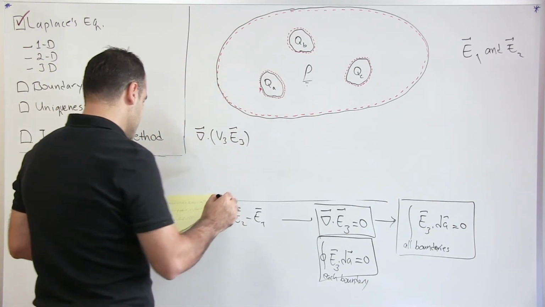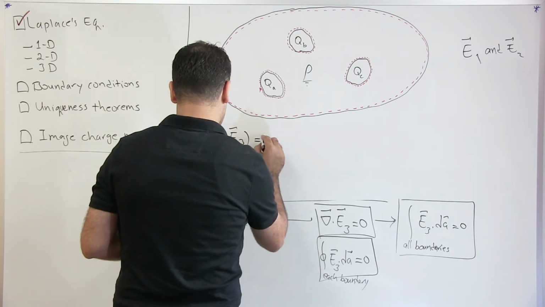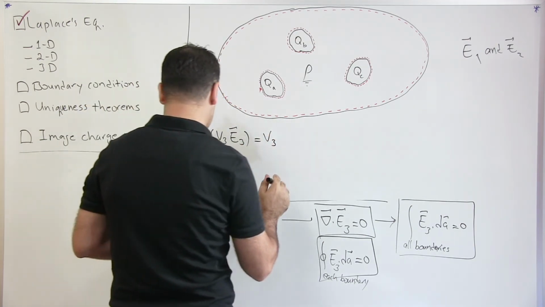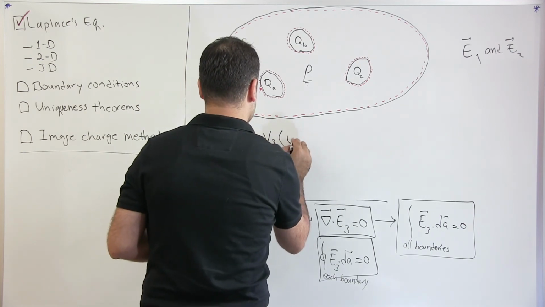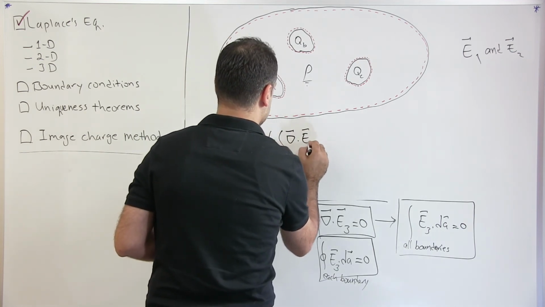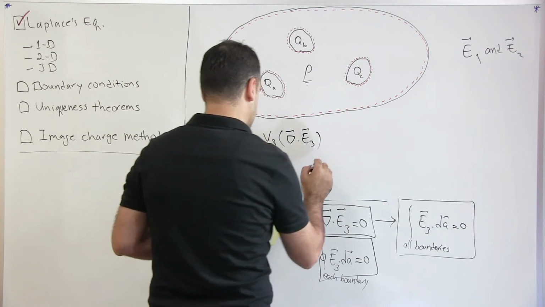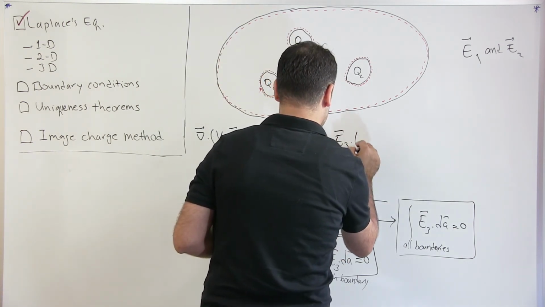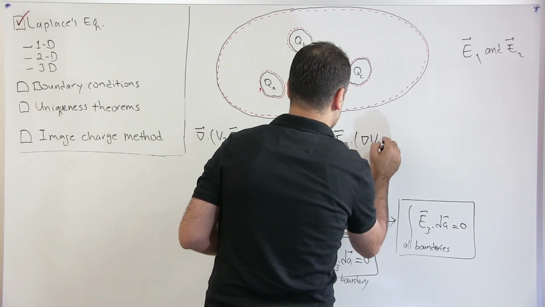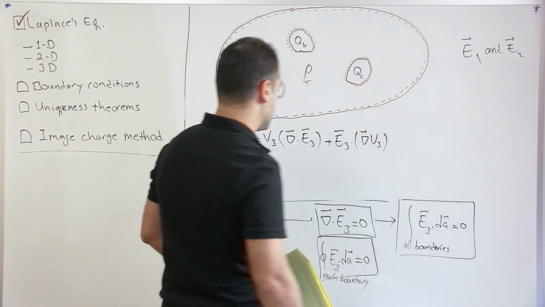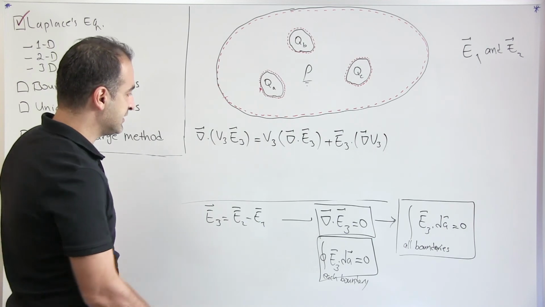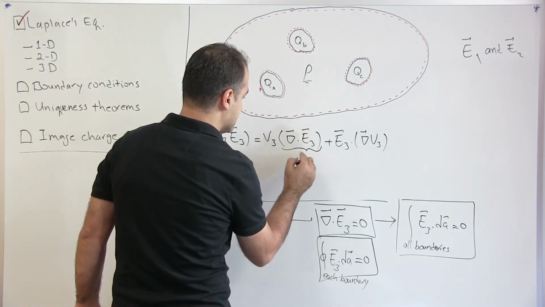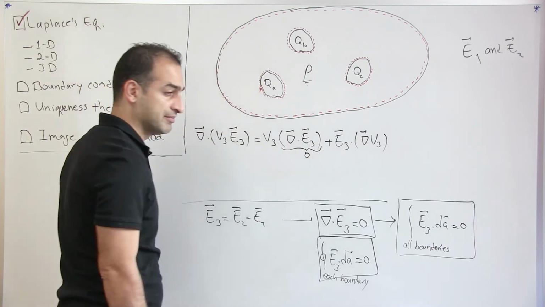The divergence of this, if we expand it using the multiplication rules, is equal to V3 times the divergence of E3 plus E3 dot gradient of V3. Now, the divergence of E3 we already concluded needs to be 0, so the first term disappears.